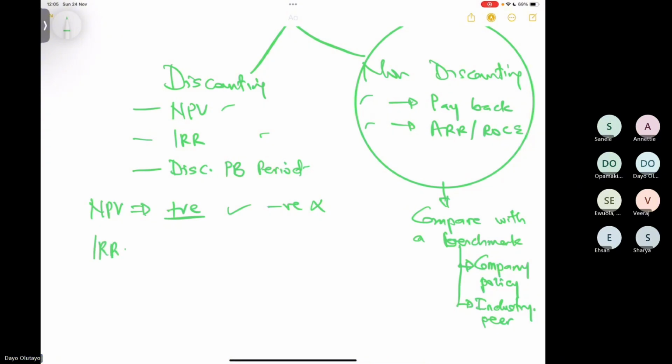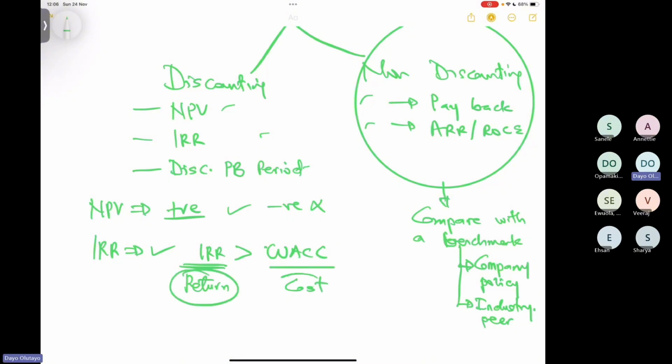IRR, you take it when IRR is greater than your WACC, which is the cost of capital. So for you not to get confused whether it is IRR that should be greater or WACC that should be greater, just think about it this way. IRR is a return and WACC is a cost. So for anything, return must be greater than cost.